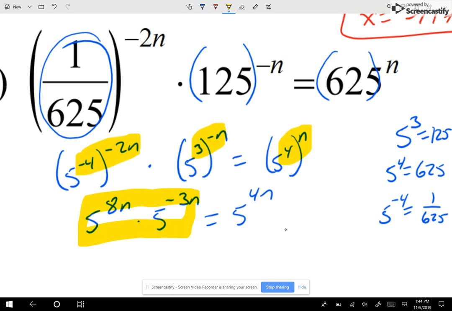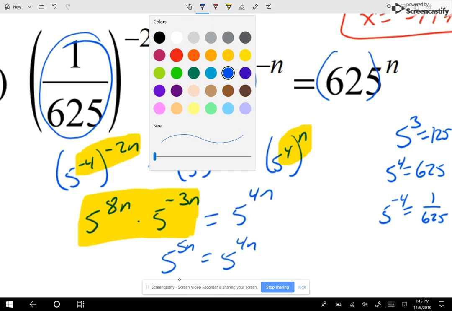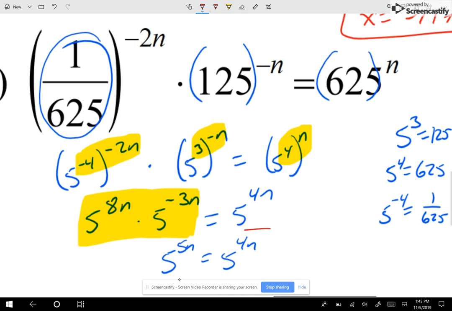Let me simplify by combining these into one term. Because it's multiplication, I'm adding my exponents. Division, I subtract my exponents. So I'm going to call this 5 to the 5n. It's equal to 5 to the 4n. Now, I'm just going to let my exponents equal each other since I have the same base.